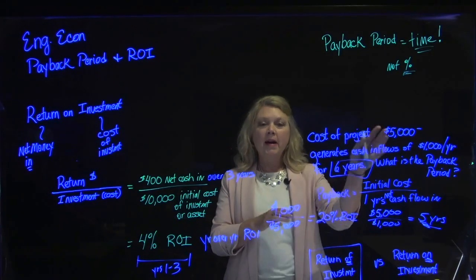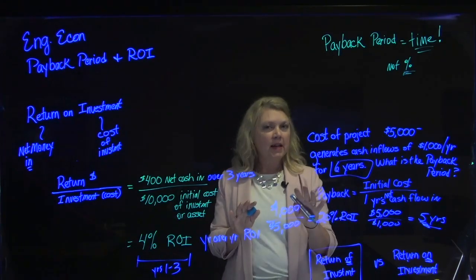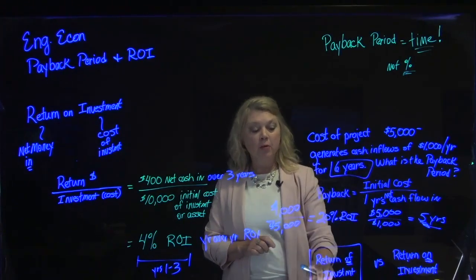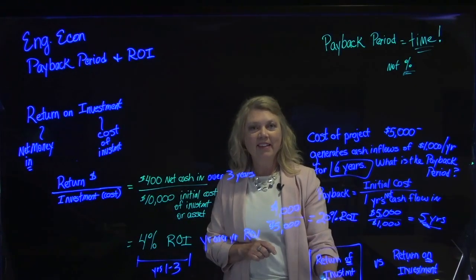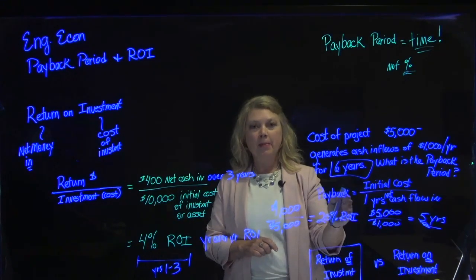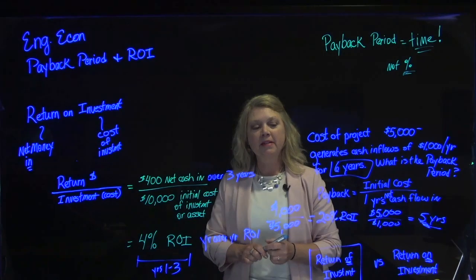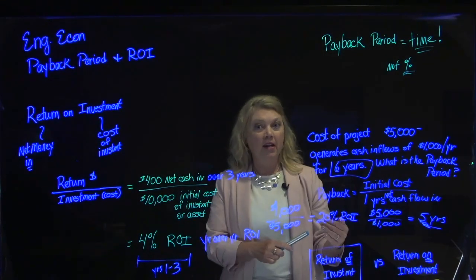So payback and ROI kind of work in tandem. Until payback period is reached, you're getting return of the initial investment. After payback period is reached, then you have return on investment. We'll go through an example using uneven cash flows next.